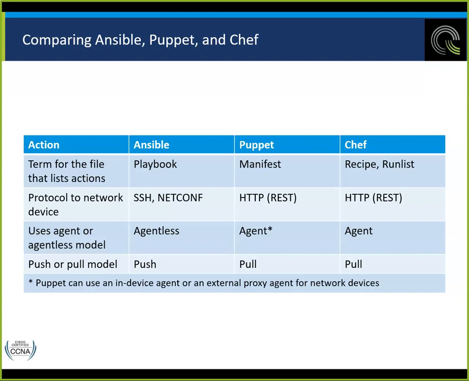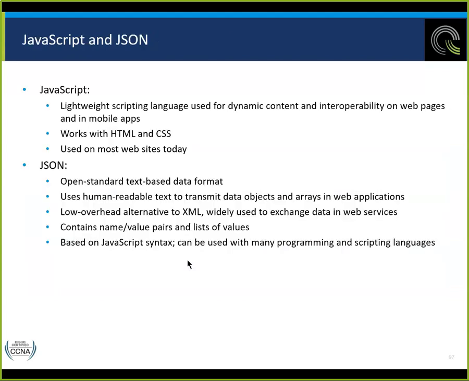Agent or agentless: Ansible is agentless, Puppet and Chef are going to be agents. The push or pull model: push for Ansible, pull for Puppet and Chef. And the difference with push-pull: a pull says, send me the information. Actually, what it usually says is, hey, send the information to me. A push just automatically sends the information.